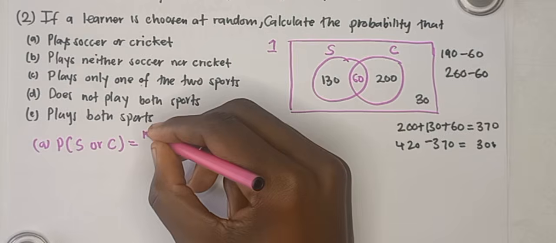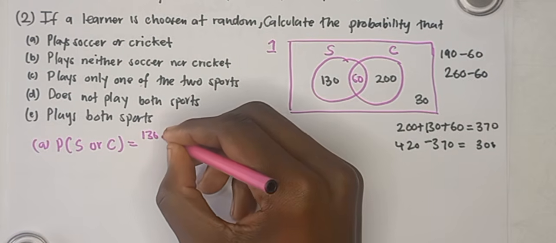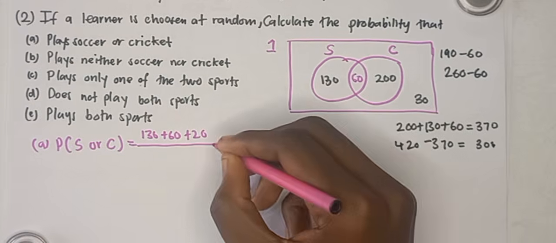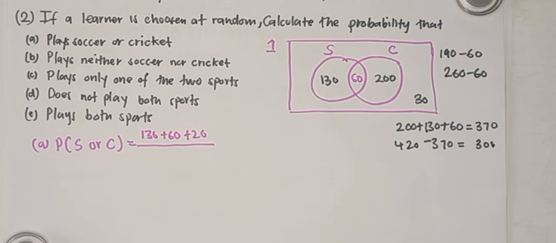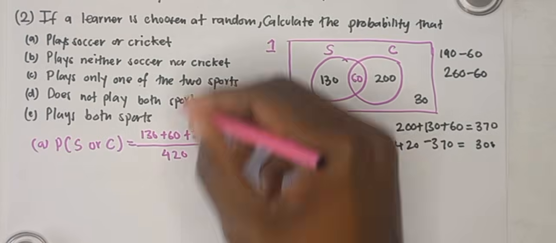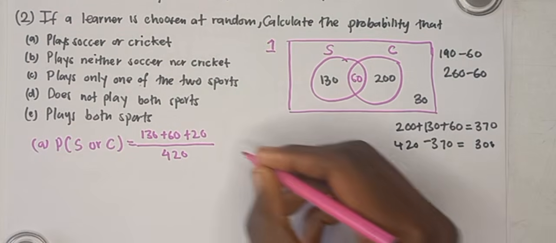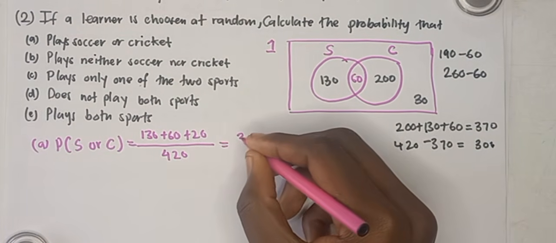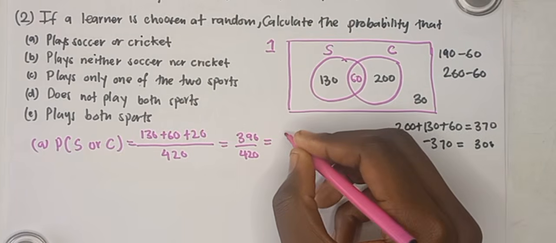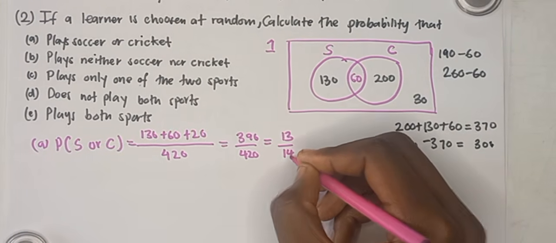So we're going to add 130 plus 60 plus 200, because we have to take all. Since this is probability, we divide by the total sample space, which is 420. If you add the numbers, we get 390 divided by 420, which gives approximately 13 over 14.